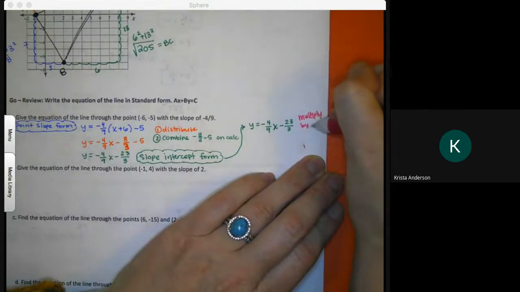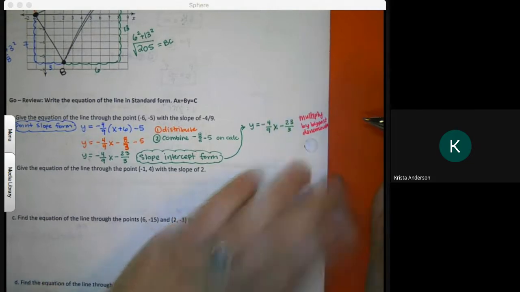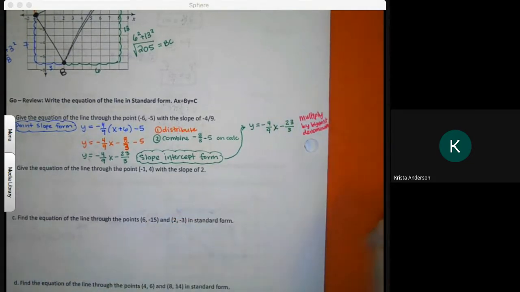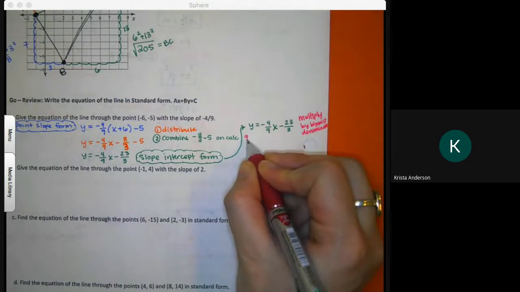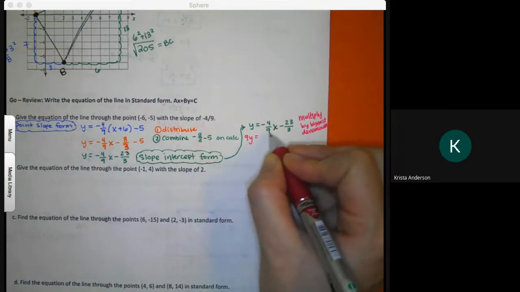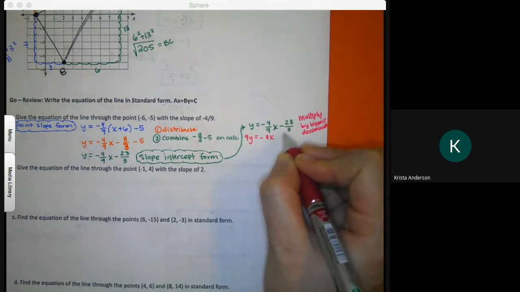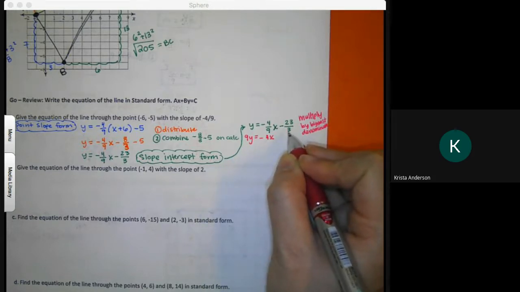Multiply by biggest denominator. Okay. When I multiply by 9, that will give me a 9y equals, the 9 would cross off and make a negative 4x. When I multiply this by 9, it's more difficult to do.